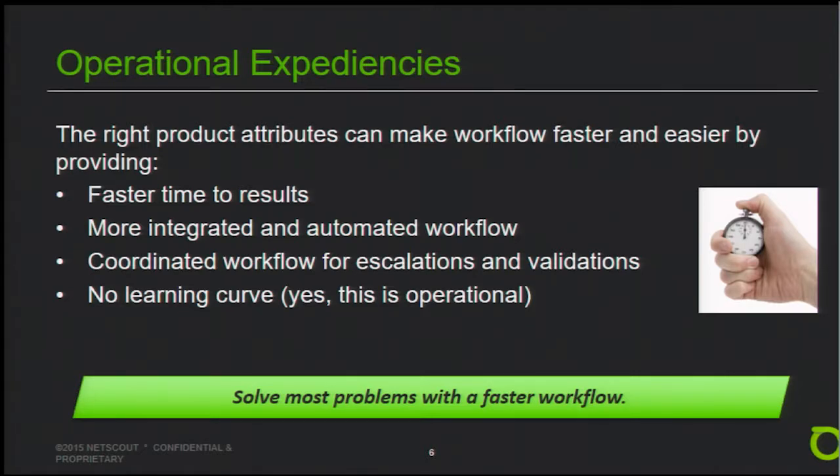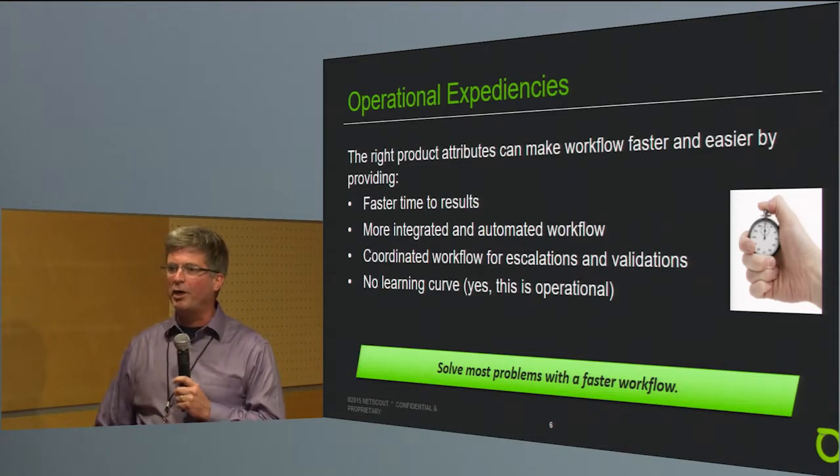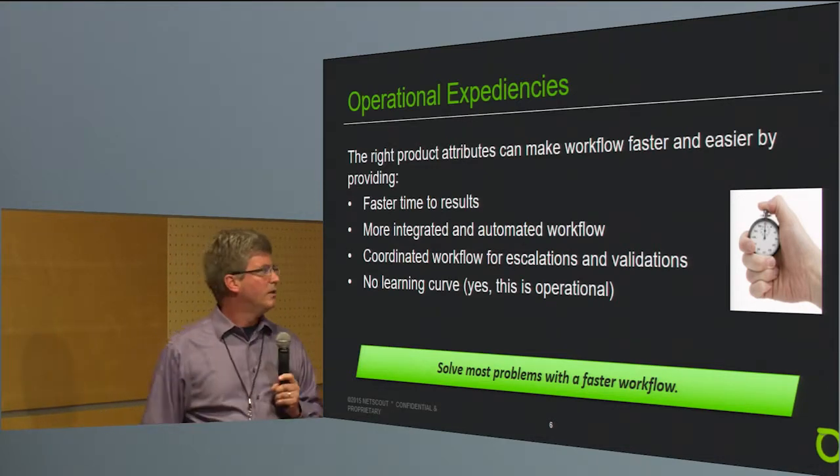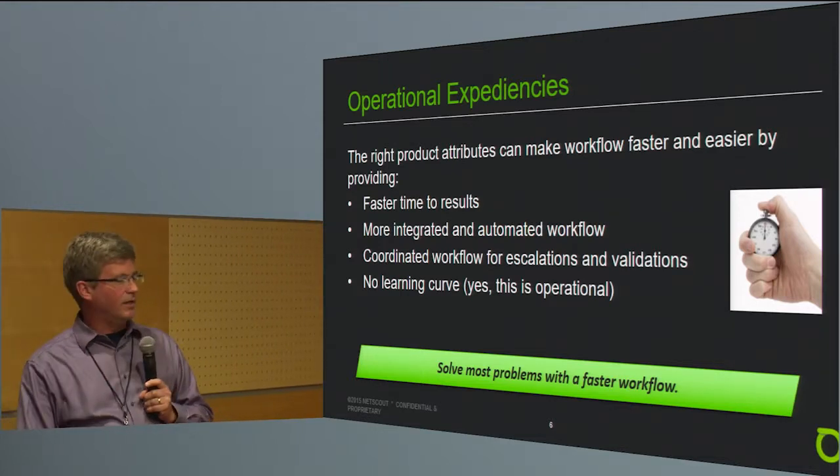Can we make the whole workflow of testing, troubleshooting and validating Wi-Fi networks faster, more efficient? What it really comes down to is providing faster time to get to your results, providing a more integrated and automated workflow, providing a coordinated workflow for escalations and validations.